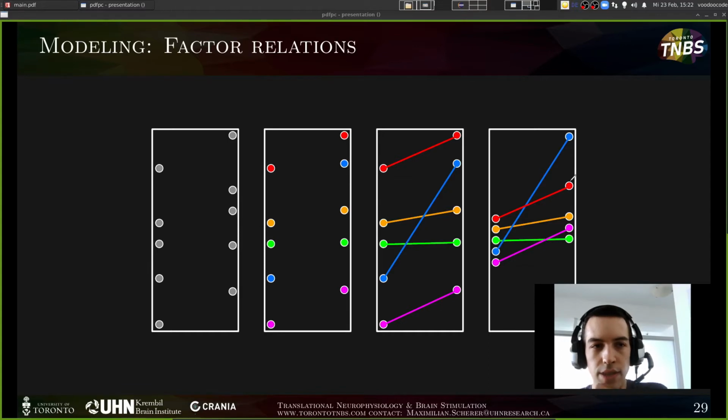And to achieve that, you would have to include the patient as a factor in your model, either as a categorical factor or as a random effect. And by doing that, as I already said, you're kind of normalizing for the difference between patients, but it's only normalizing for the difference in offset.